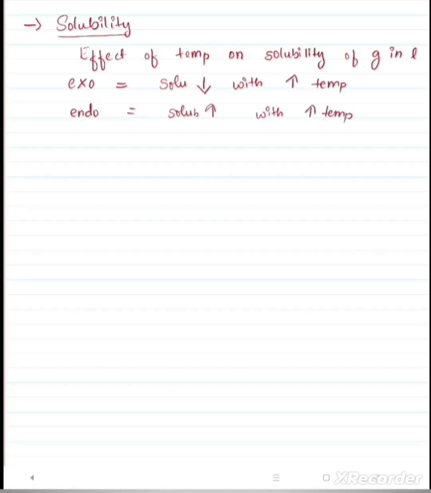More the temperature, more will be the solubility in endothermic condition. More the temperature, less will be the solubility in exothermic. Most probably this dissolution will be in exothermic condition.